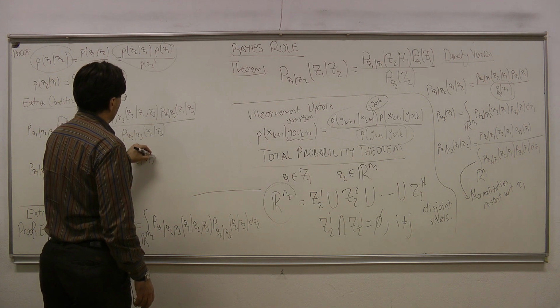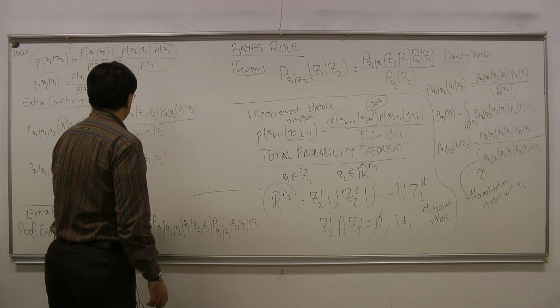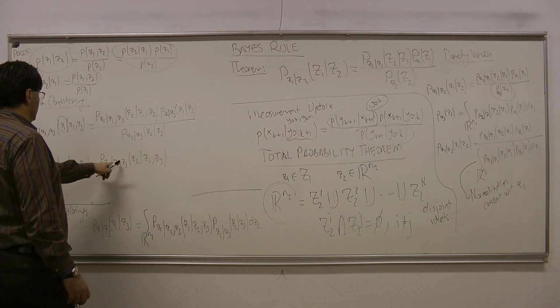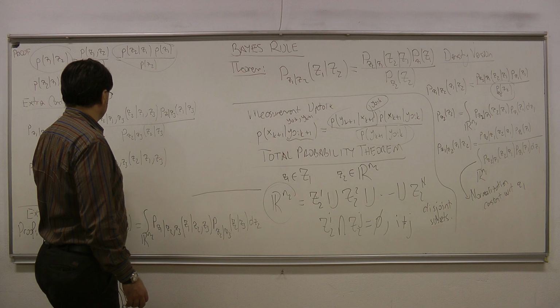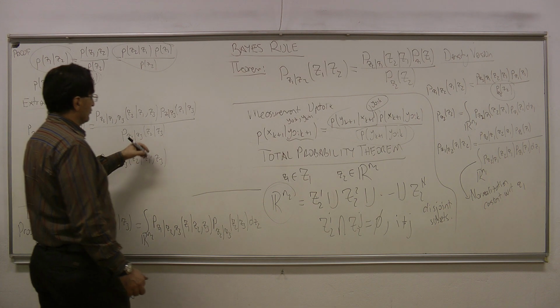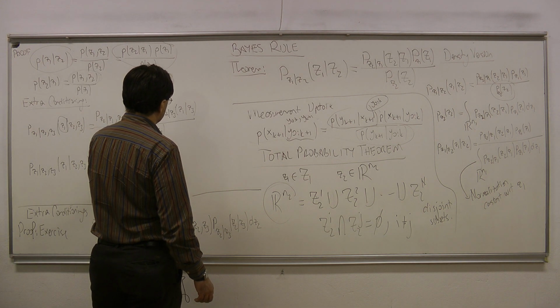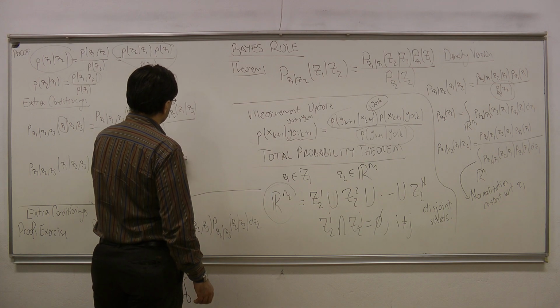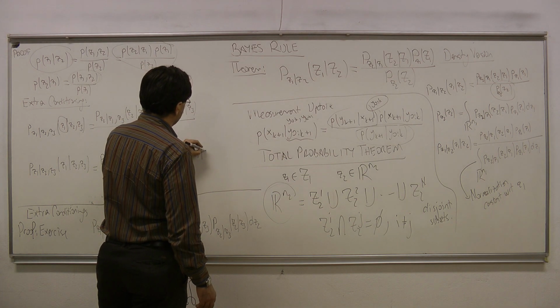Actually, I am quite bored of writing these conditionings. These subscripts are not serving any purpose here. But in order to give you some consistent notes, I continue writing them.